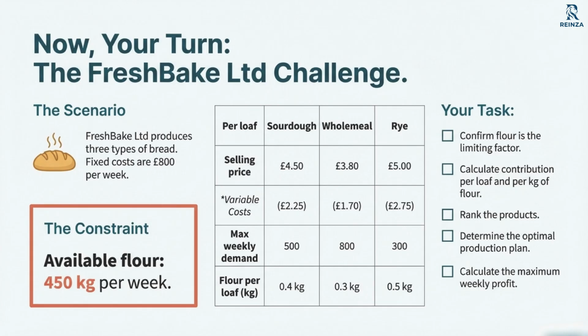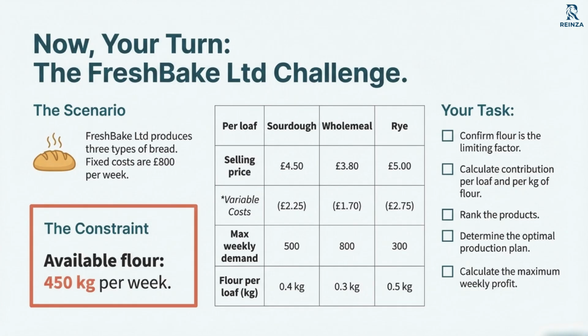Maximum weekly demand is 500 loaves, and each loaf requires 0.4 kilograms of flour. Wholemeal sells for £3.80 per loaf. Variable costs are £1.70, giving a contribution of £2.10 per loaf. Maximum demand is 800 loaves, requiring 0.3 kilograms of flour each.